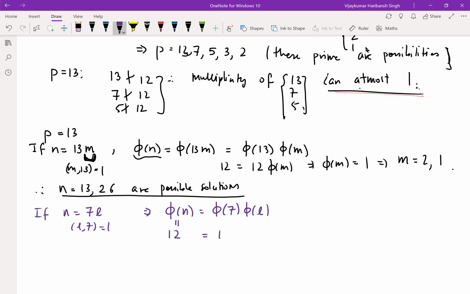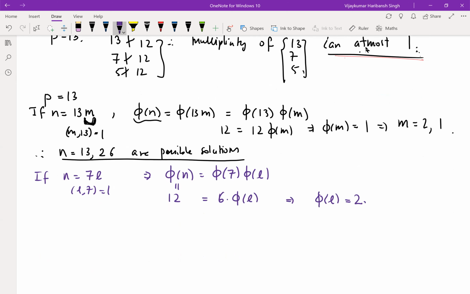This is 6 times phi of L. This gives me phi of L equals 2. Now we already know the possible solutions. In that case, L is either 3, or 4, since phi of 4 is 2, or L equals 6.